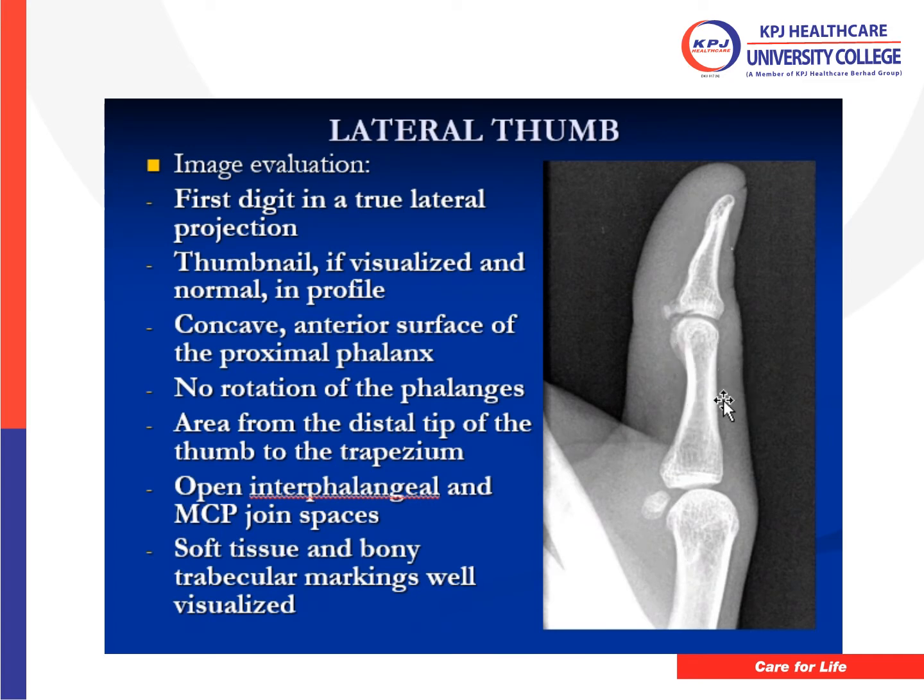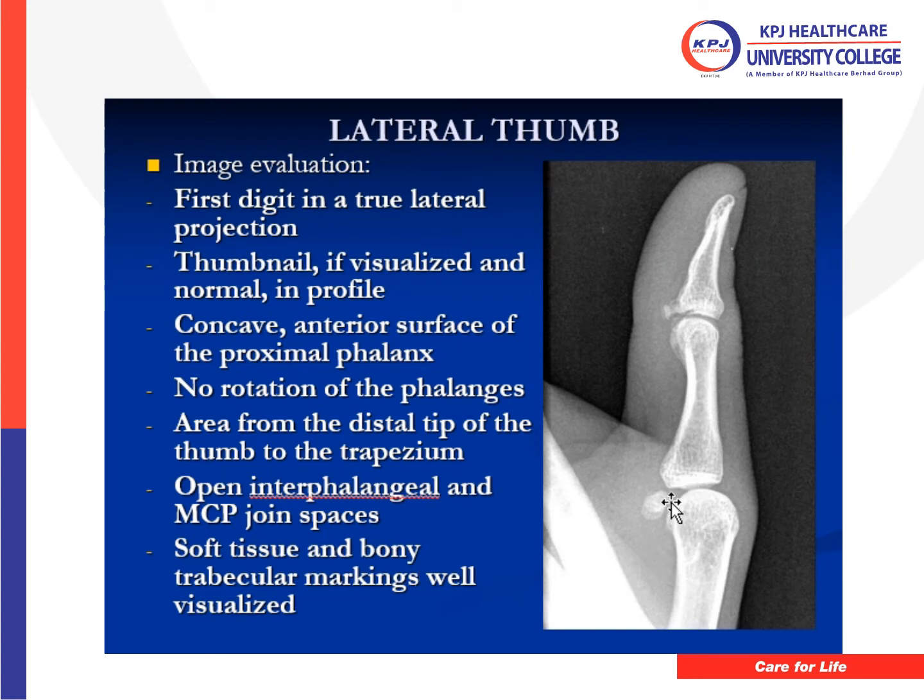No rotation of the phalanges, from the distal tip of the thumb to the trapezium. Here open interphalangeal joint. You have to make sure that it's the open interphalangeal joint. So we can say this is the correct projection. In soft tissue, bony trabecular markings are well visualized.